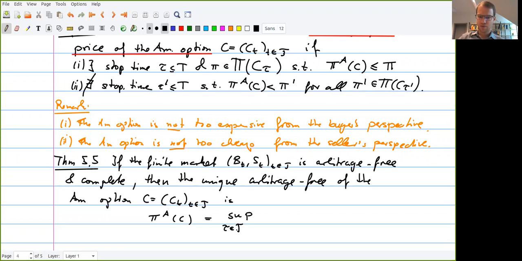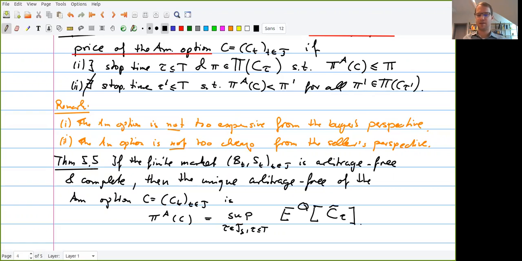So we look for the stopping time tau, and we assume that tau is less than T. We want to maximize the value of the discounted corresponding European claims.